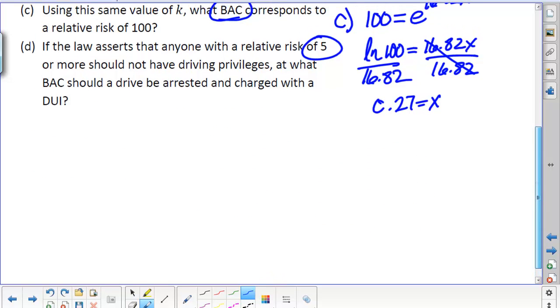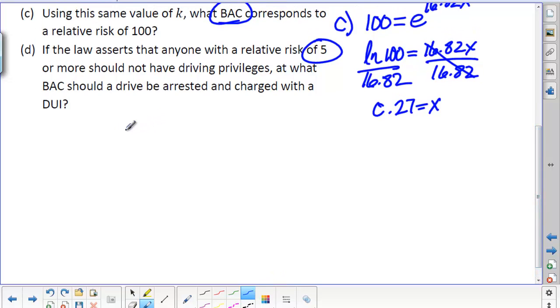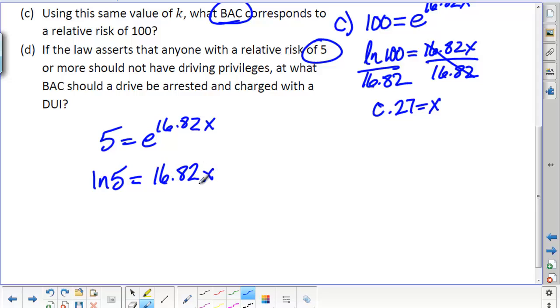And so we want to know what blood alcohol concentration that corresponds to. We don't know the blood alcohol concentration. We know the relative risk is 5, using that same value for k. We can rewrite this as a logarithm. Divide by 16.82.